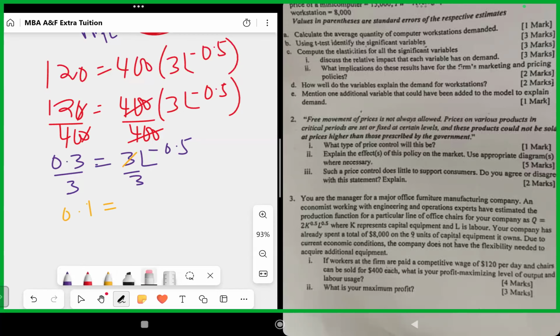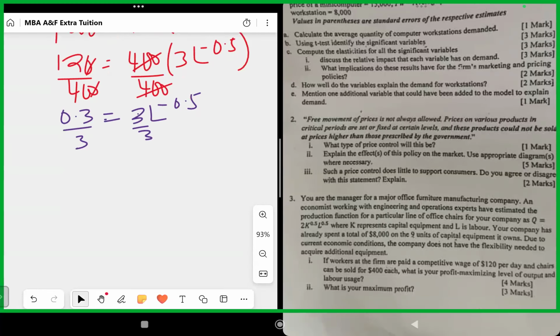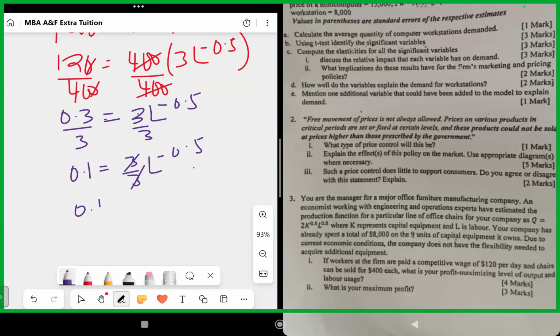Let me make it systematic so that those who watch it will understand. This side gives us 0.1 equals 3 over 3 L negative 0.5, so this cancels this. We have 0.1 equals L negative 0.5.